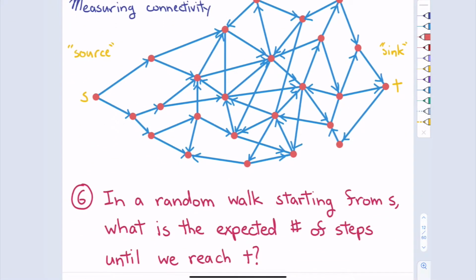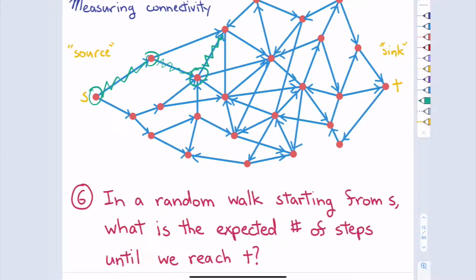If I started at S and I took a random walk from S, what does that mean? Each step I start here and I just choose one of the edges at random. Maybe I go here, and I flip a coin, I either go up or down. It comes out tails, so I go down. And I'm here, I flip a coin, maybe you go up.